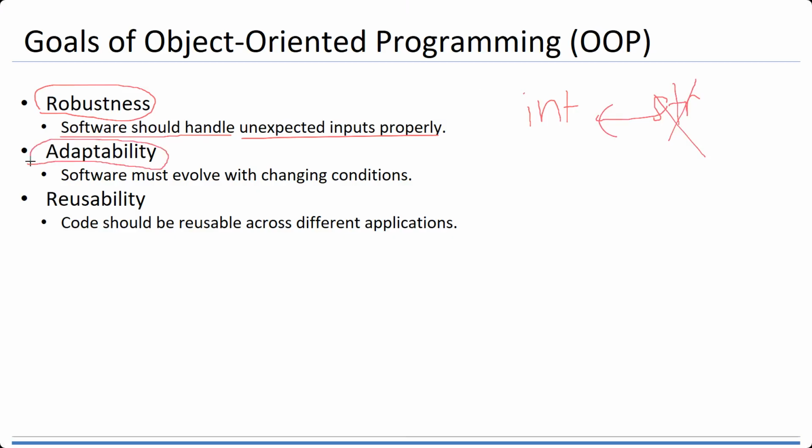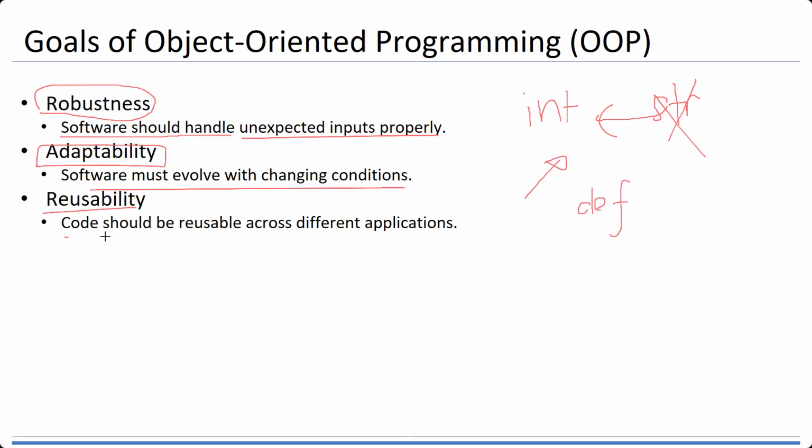Adaptability. It means your software should evolve with the changing conditions. When you have a software, when you have an algorithm, if you want to improve or upgrade, the structure might be the same, but maybe you just need to have one more function to upgrade your algorithm. And reusability.